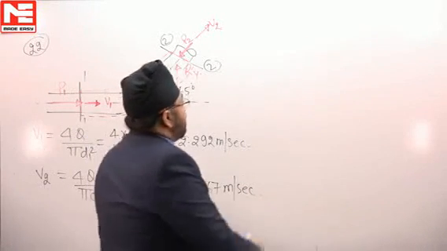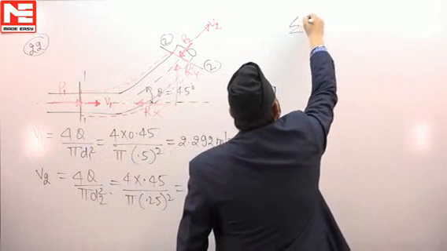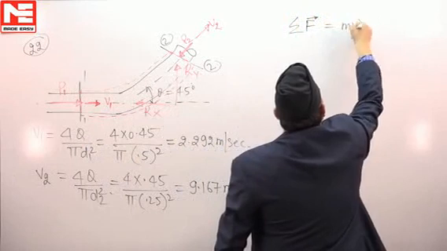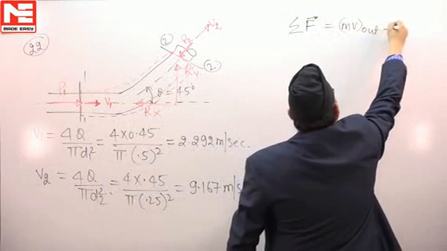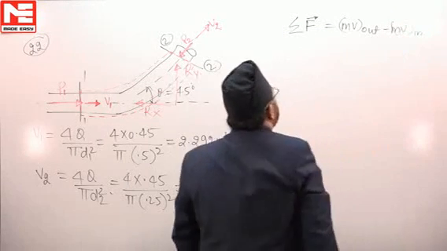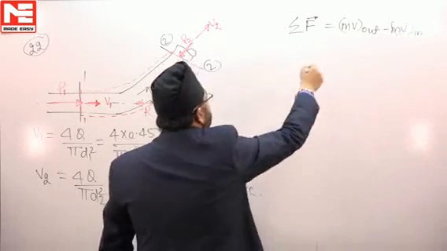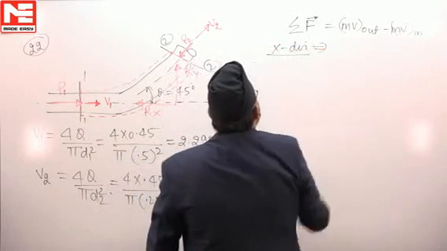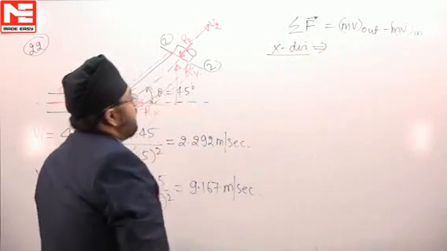Now to find these reactions, we have to use this relation: net force equals momentum out minus momentum in. First we use this relation in the x direction. What are the forces?